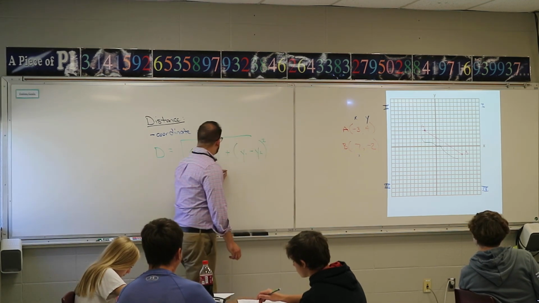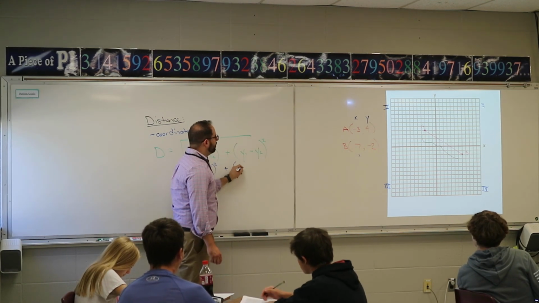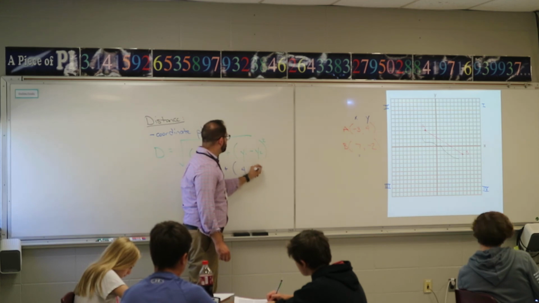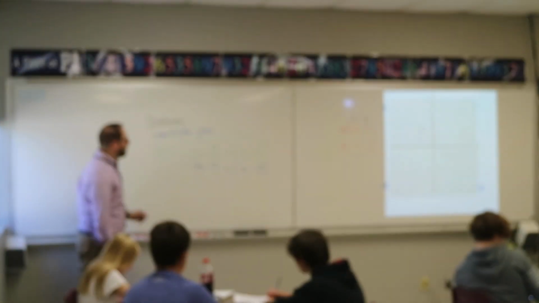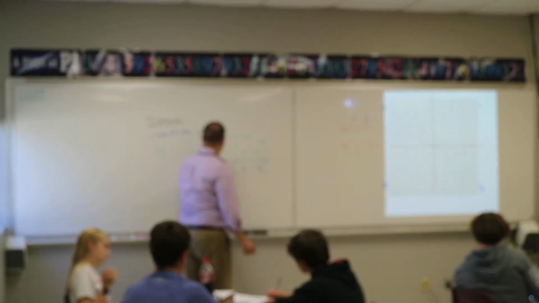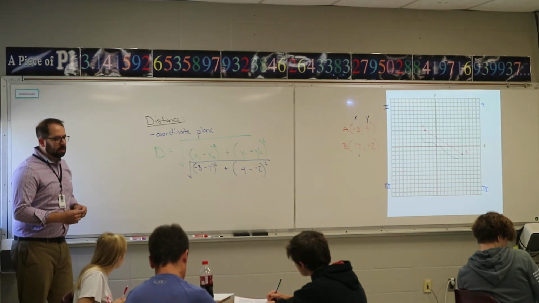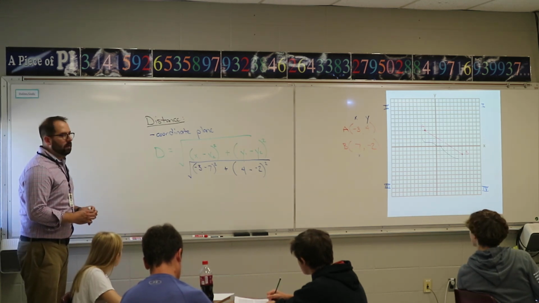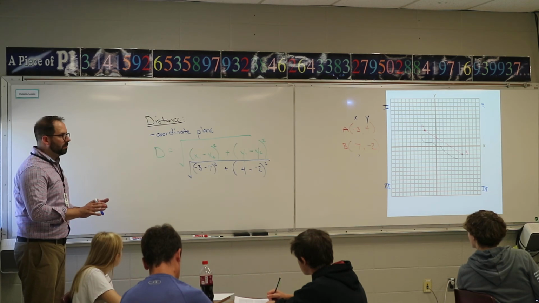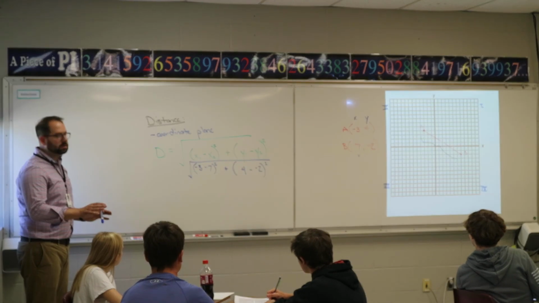My y numbers are the 4 and the -2. I'm going to subtract those. Whatever the 2 numbers are, you always subtract. And then this will be under a large radical. Everyone understand where I plug the numbers in? X's and Y's.